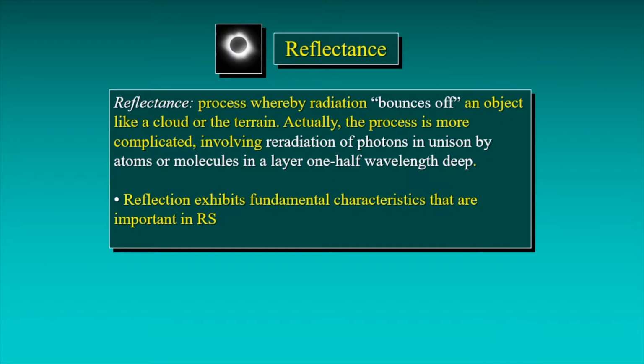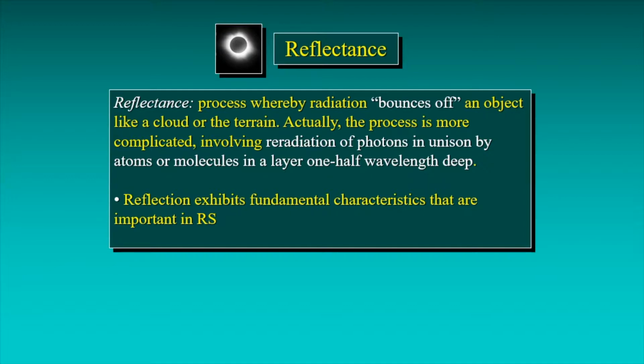Another important process that operates on electromagnetic radiation is reflectance. And I alluded to this in a prior slide, and that is the process where the radiation basically bounces off an object. It could be a cloud, or it could be some material type on the Earth's surface. The actual process is more complex than that.